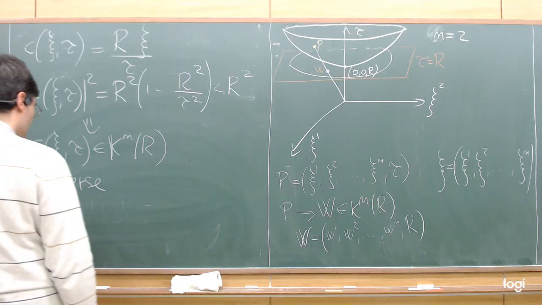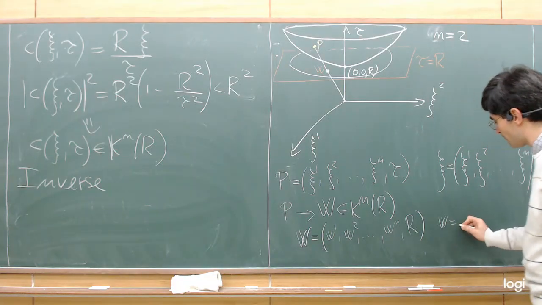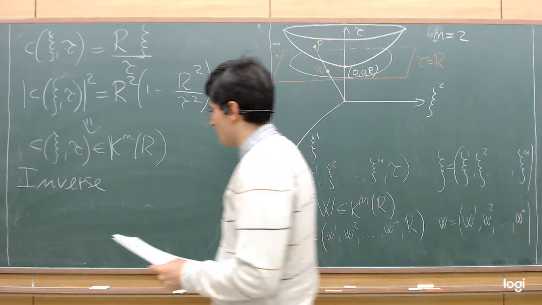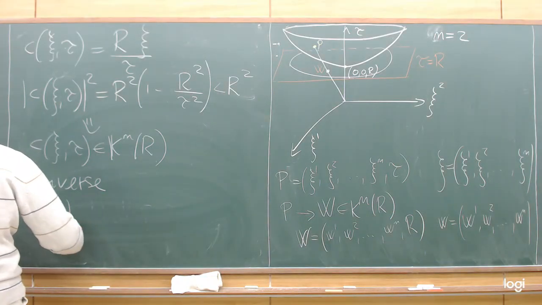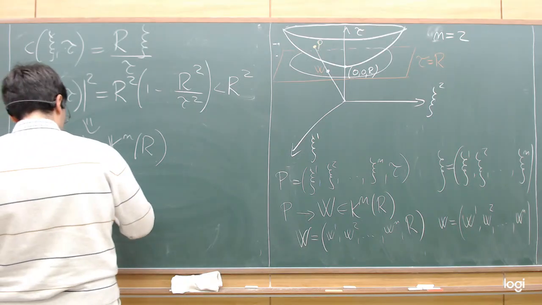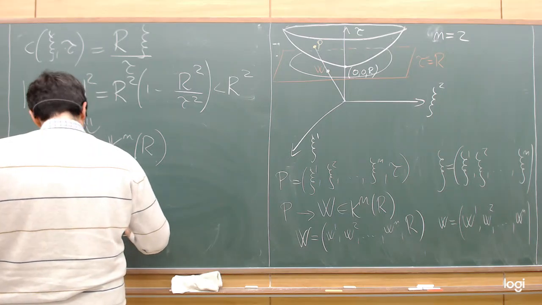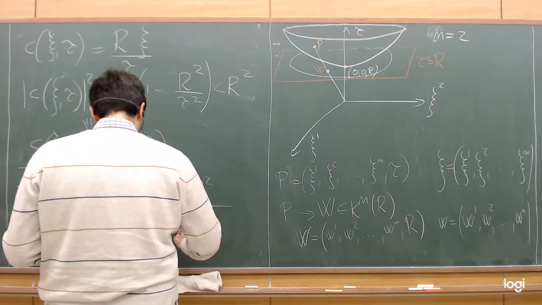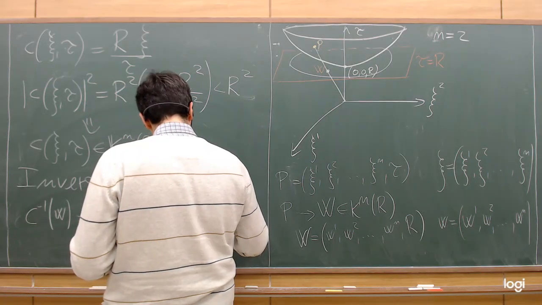It is possible to prove that if you call W = (W_1, W_2, ..., W_n) the first n coordinates of W, you have that C inverse of W is given by Rw over square root of R squared minus length of W squared, R squared over square root of R squared minus length of W squared.